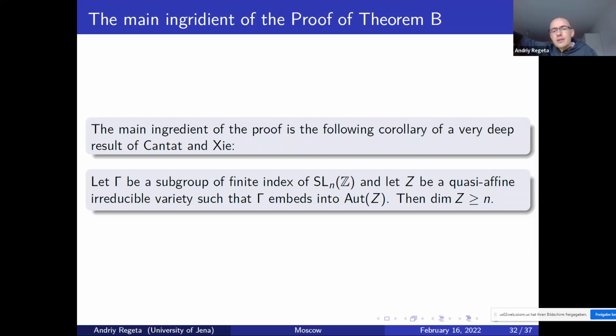In fact, this result, I don't state it fully, is a little bit similar to Margulis superrigidity theorem. It's just a far generalization of this Margulis superrigidity theorem, but a very partial generalization, of course.